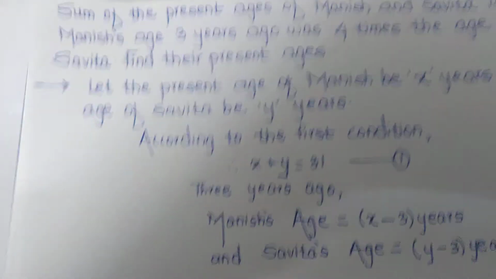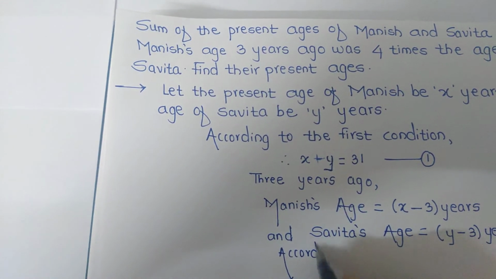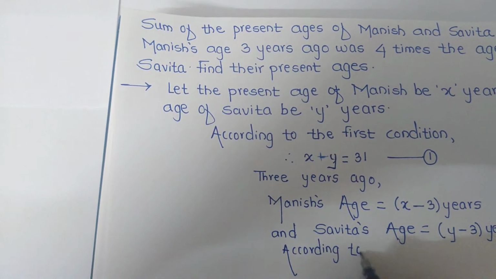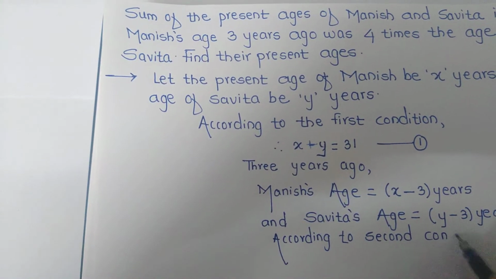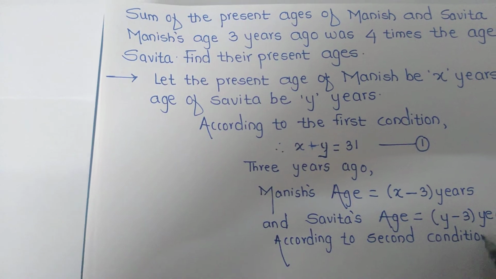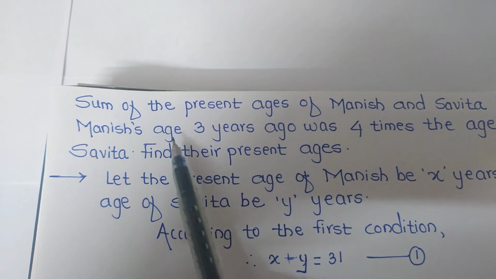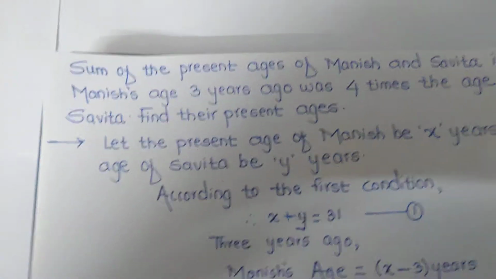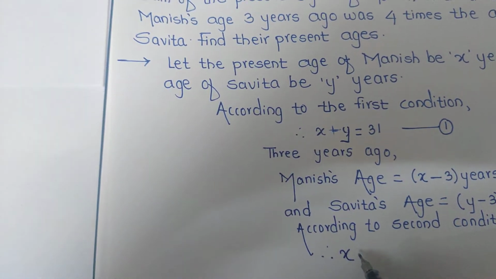Now according to the second condition given in the problem, let us read the problem again. Manish's age 3 years ago. So that is x minus 3, which is Manish's age 3 years ago.